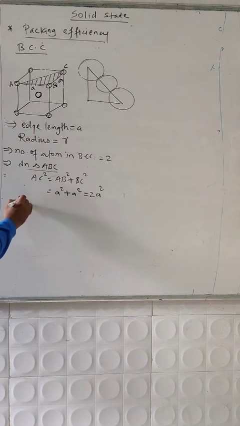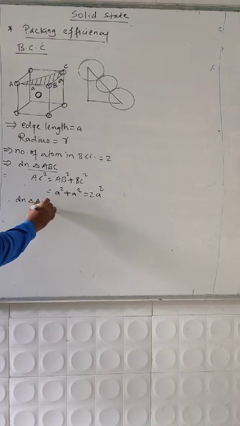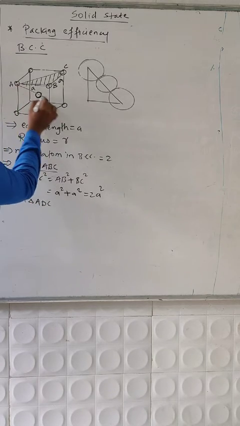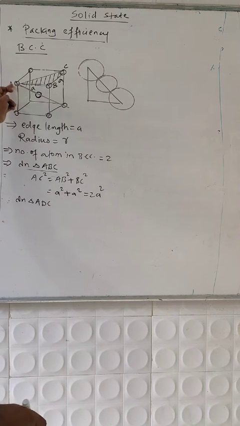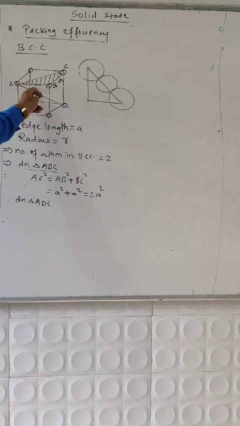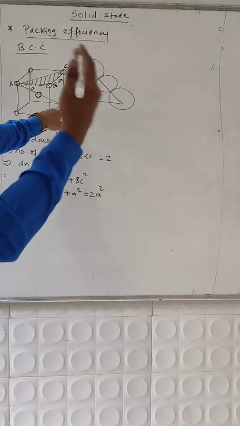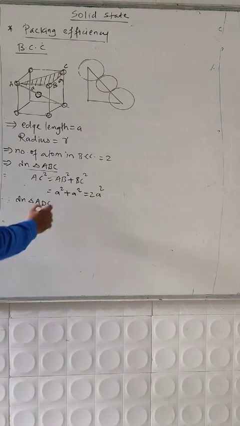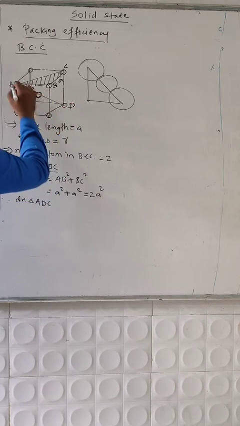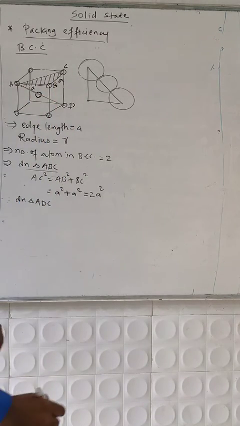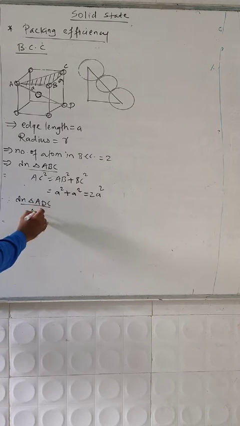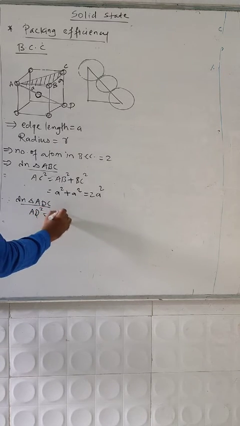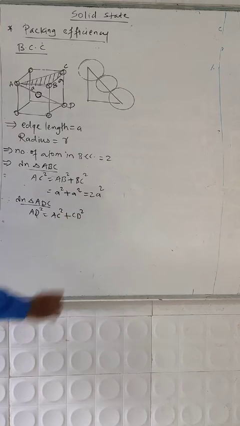Same here in triangle ADC. Suppose I take this one, I make a diagonal. This is the front face sphere, this is the middle center sphere and the last face corner sphere. In triangle ADC, once again by using Pythagoras theorem, AD square is equal to AC square plus CD square.